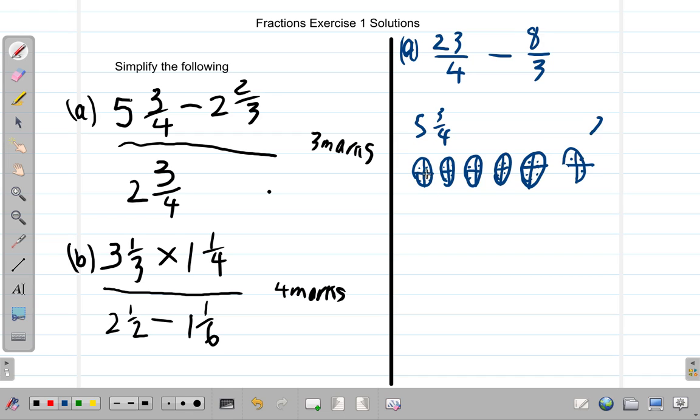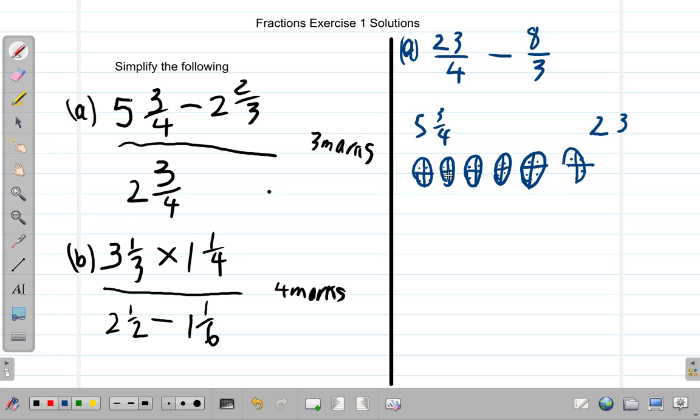Let's see, 4, 6, 8, 12, 16, 20, right? There are 20 quarters here. 21, 22, 23. Where did I get 24 from the first time? It's 23 quarters.